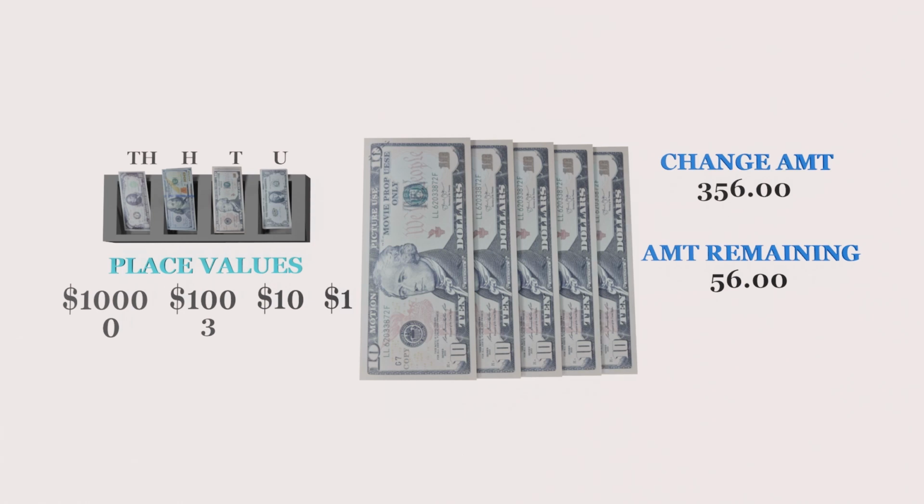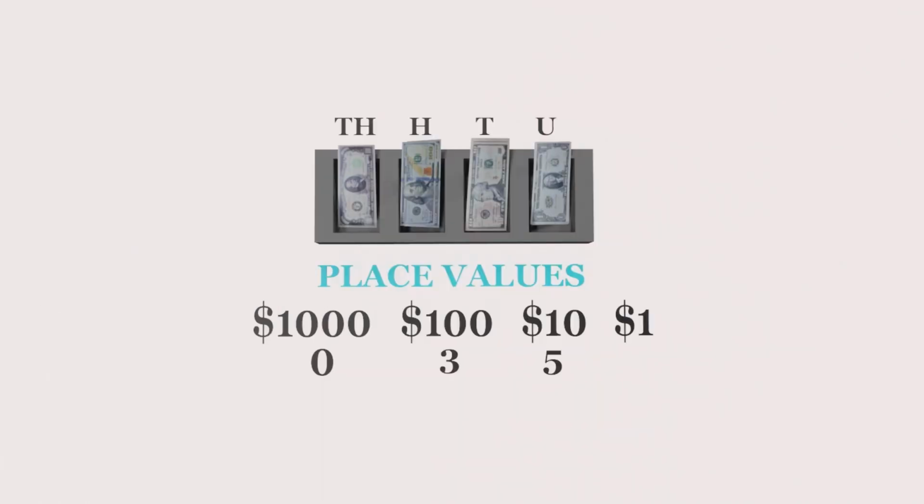He or she can't give you 6 $10 bills because that would exceed the amount of change left to give. And the cashier cannot give you less than 5 $10 bills because, again, that would violate our objective to give out the fewest total number of bills. So since the cashier will give you 5 $10 bills, we will write down 5 in the tens place.